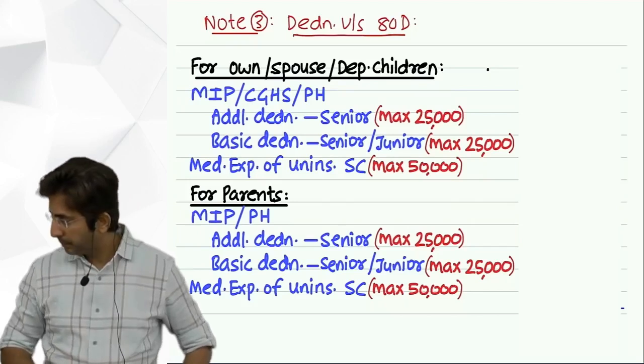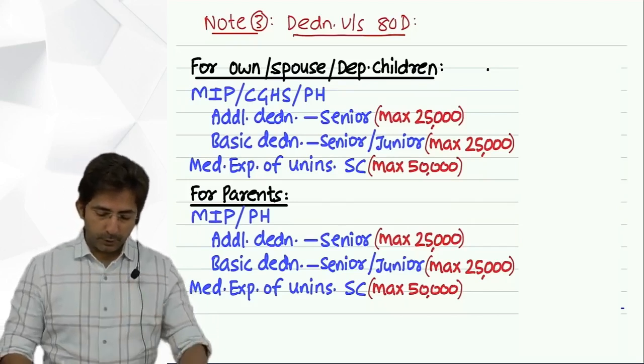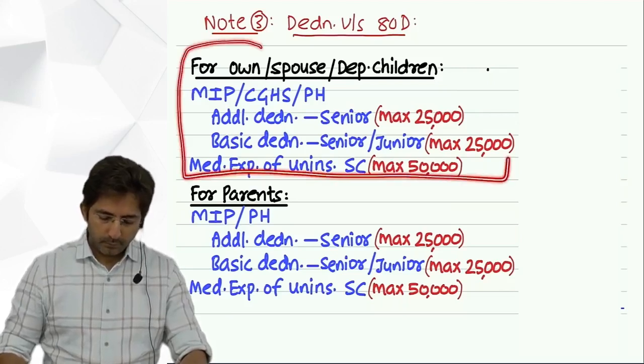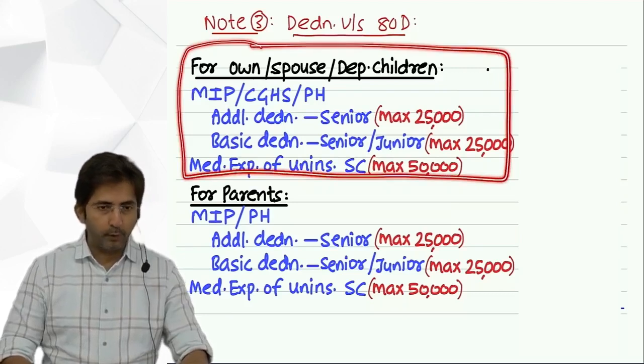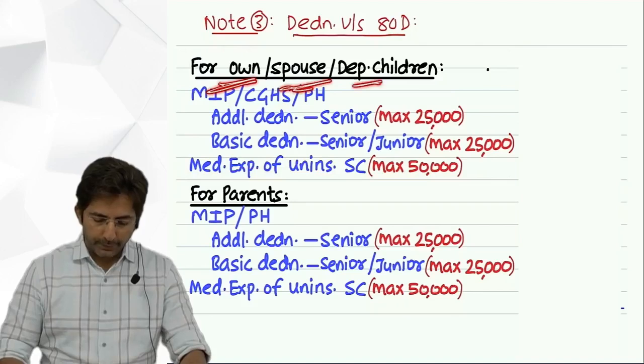Ready? See, first you will fill this upper part, for which you will ignore the information of parents right now. Just take own, spouse and dependent children.